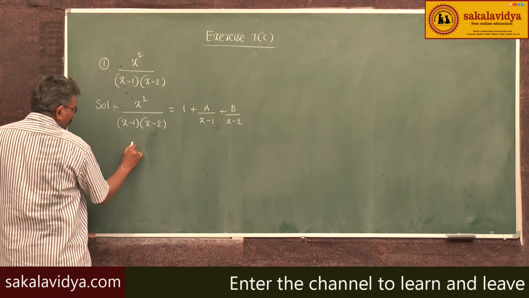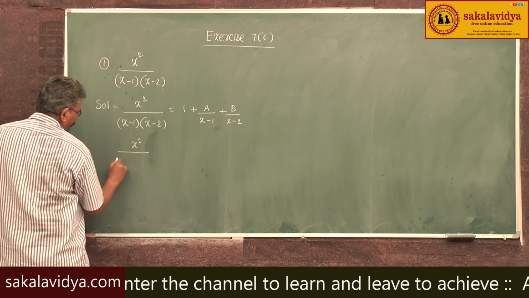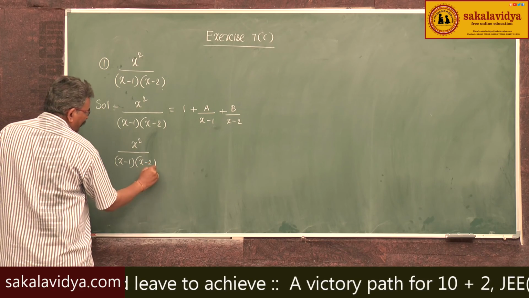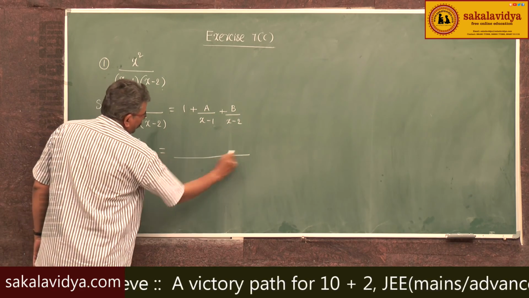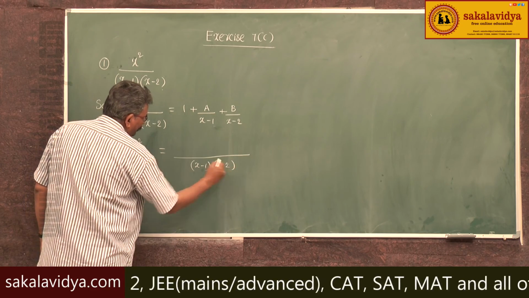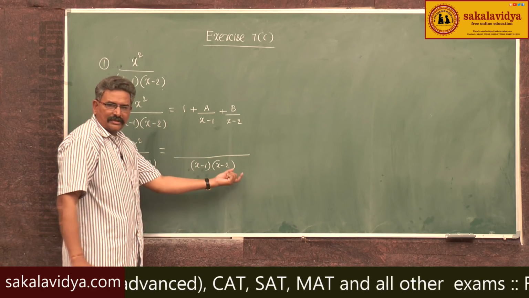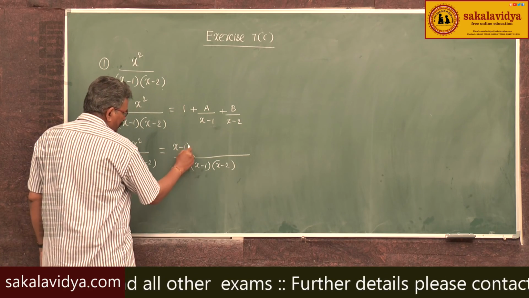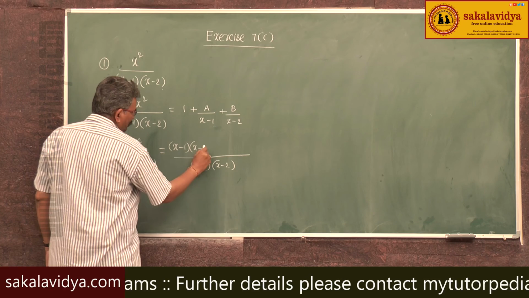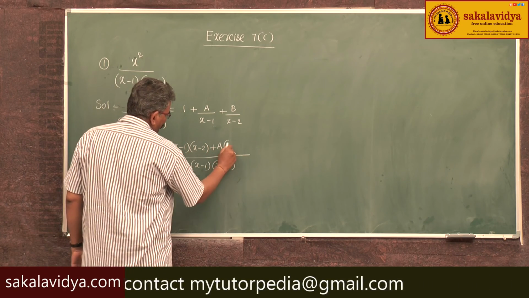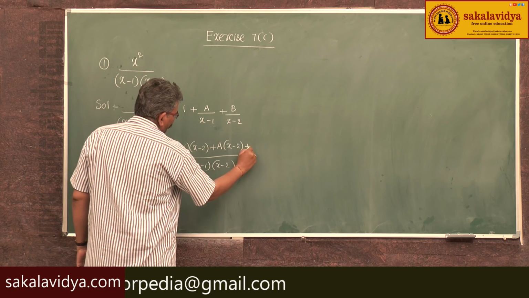This x square by x minus 1 into x minus 2 equals, here x minus 1 into x minus 2 is the LCM. So, x minus 1 into x minus 2 multiplied with 1, so x minus 1 into x minus 2, plus a of x minus 2 plus b of x minus 1.